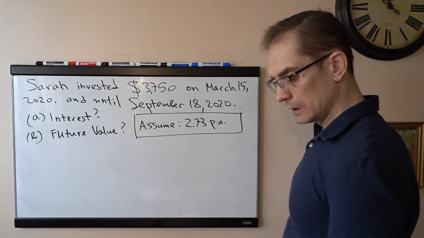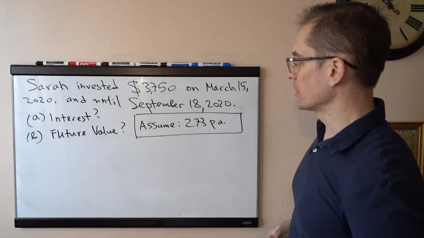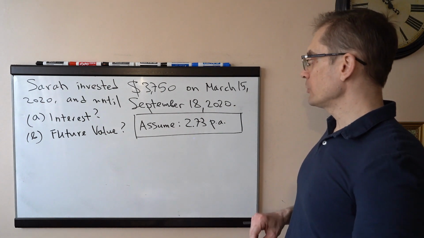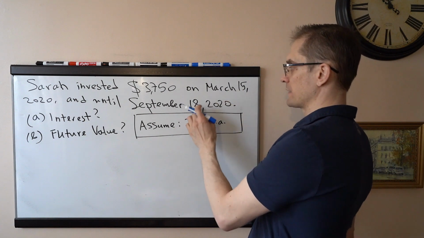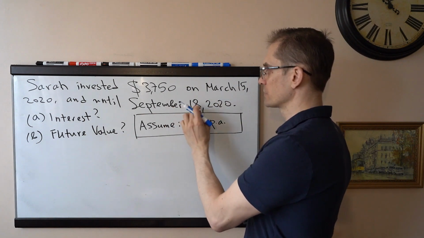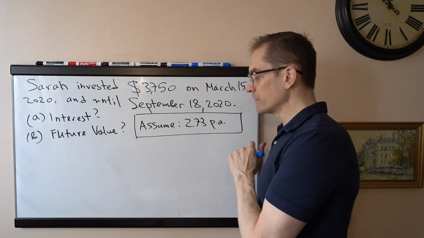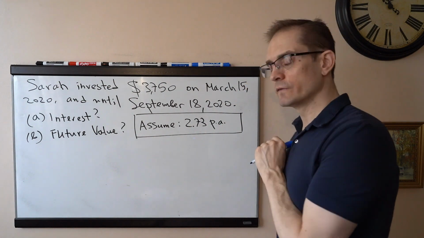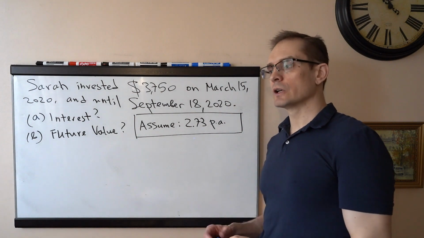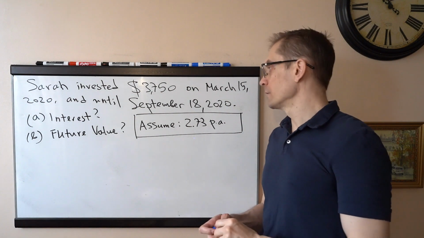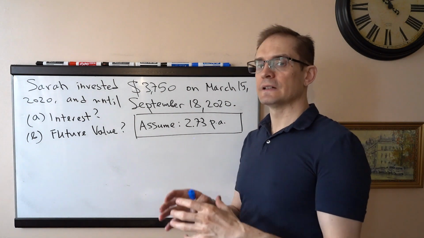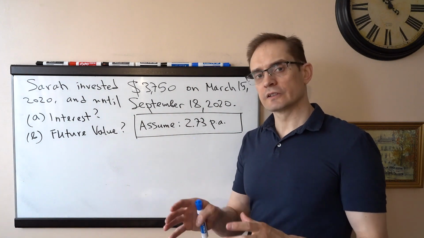Now, let's solve this problem. Well, there are many ways for you to compute the number of days between March 15 and September 18. But when you do that, you will need first of all to keep in mind that March 15 is day 0. Your investment starts on March 15, but at that time there is no interest calculated.